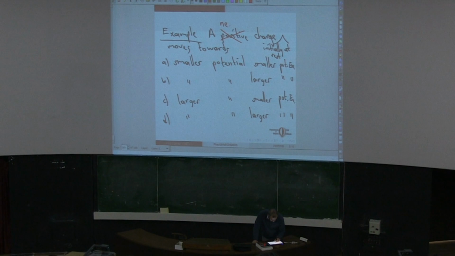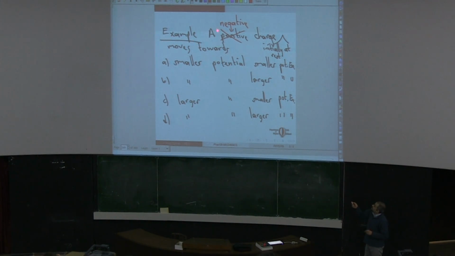We have a negative charge. It will always go to a smaller potential energy region, whatever the charge is. Whatever the system is, the system will always try to minimize the potential energy. So it will always go to the smaller potential energy region. So the answer is still either A or C.